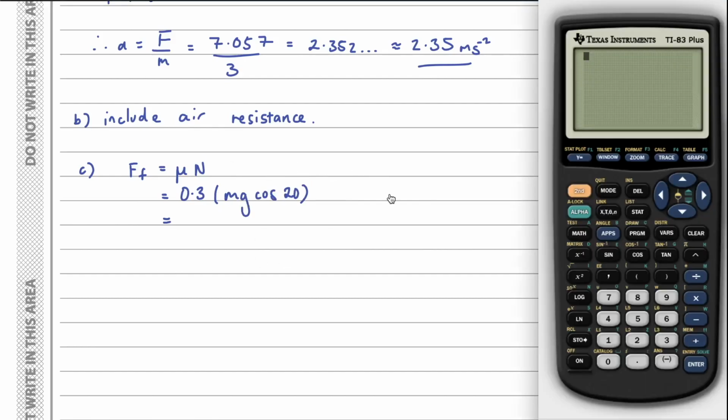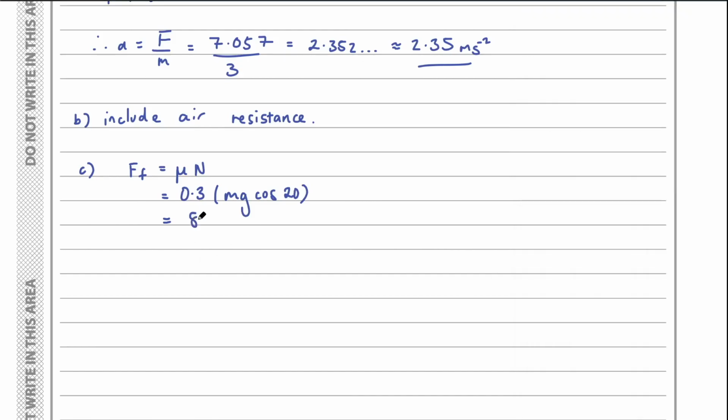So let's put that into a calculator again. 0.3 times 3 times g 9.8 times cosine 20. And we get a frictional force of 8.288, etc. Now the horizontal force from the weight was mg sine of 20.